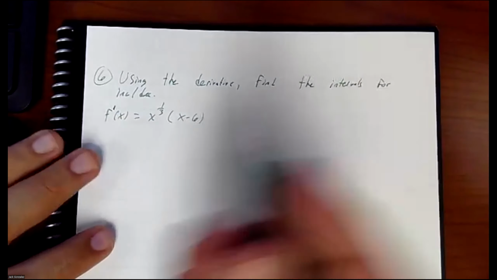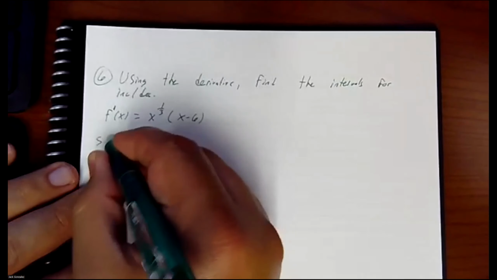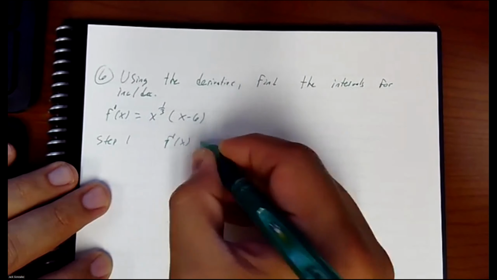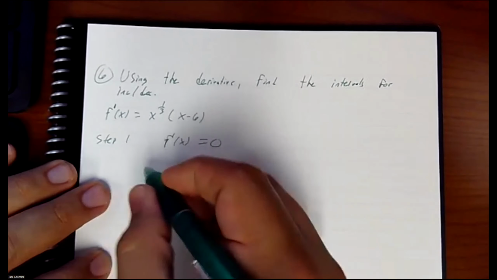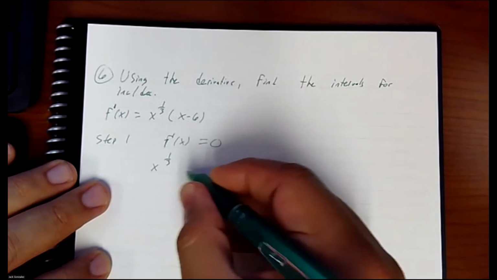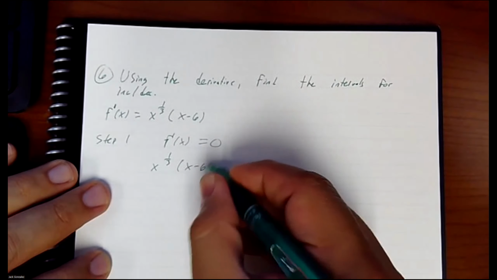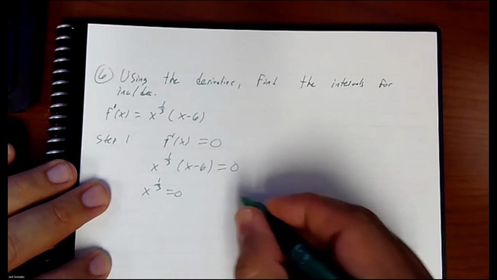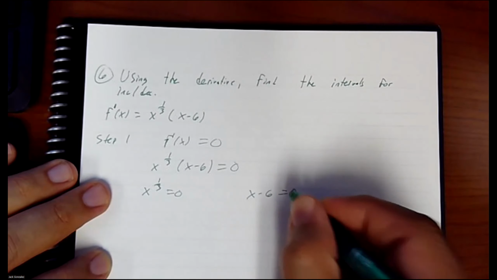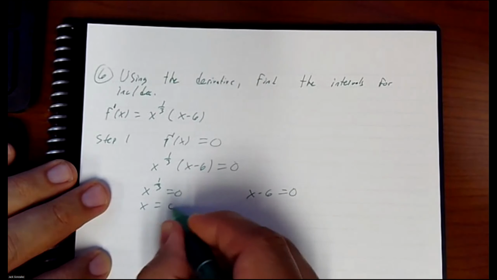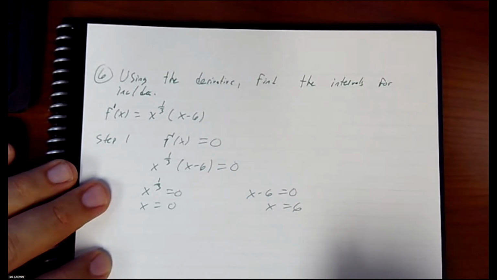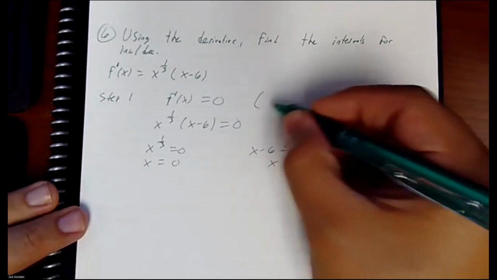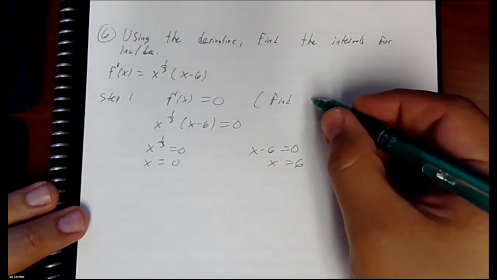So since you already have that, step 1 is set this to 0. So x to the 1/3 times x minus 6 equals 0. Set each part to 0. This means that x is 0 and x is 6 for my critical values. So step 1 is find the critical values by doing this.